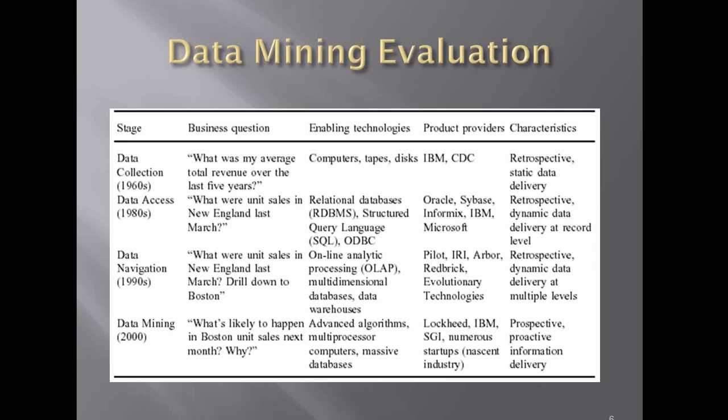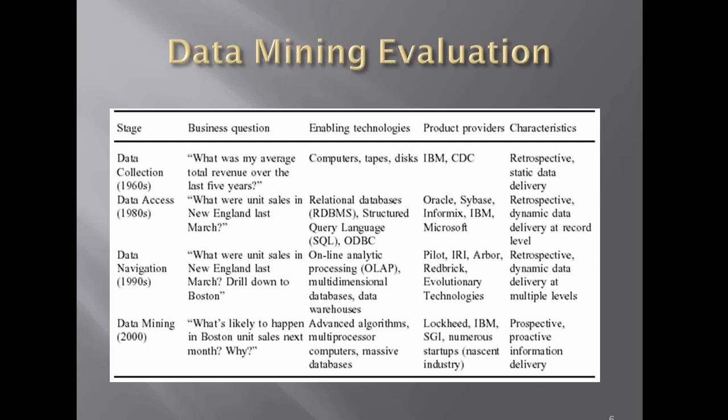The enabling technologies were relational databases, SQL, and ODBC. The providers, as the industry got bigger, were Oracle, Sybase, Informix, IBM, and Microsoft. The characteristics were retrospective, dynamic data delivered at a record level.